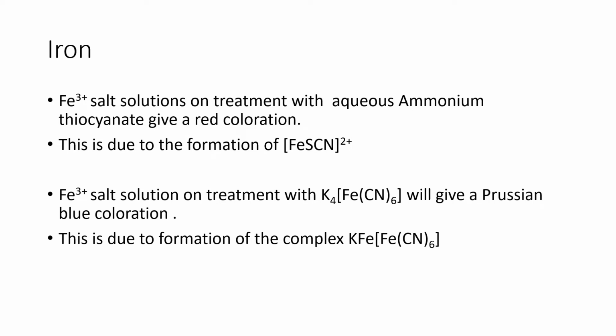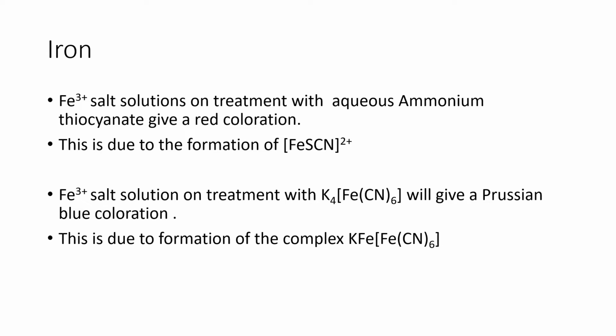The next metal, iron. Ferric salts, when they are treated with aqueous ammonium thiocyanate, a red coloration is obtained due to the formation of the thiocyanato complex of Fe in the +3 oxidation state. Similarly, when a ferric salt solution is treated with potassium ferrocyanide, K4[Fe(CN)6], we get a Prussian blue coloration.